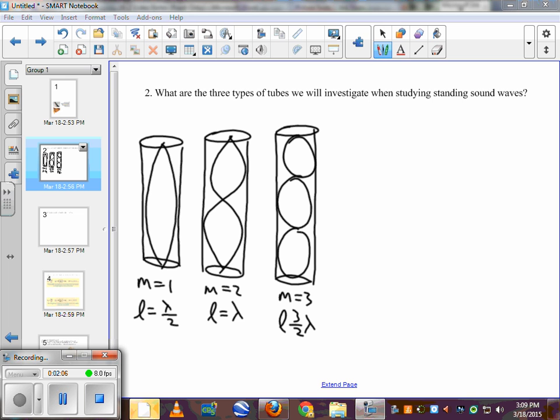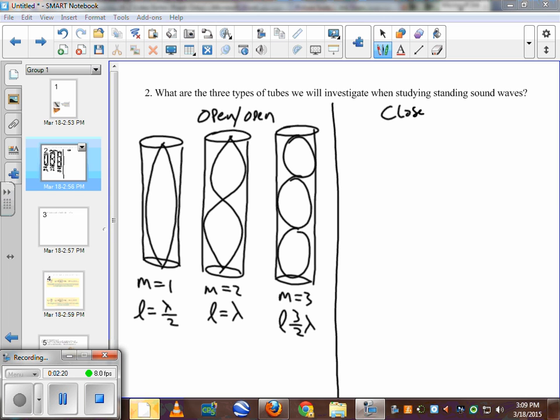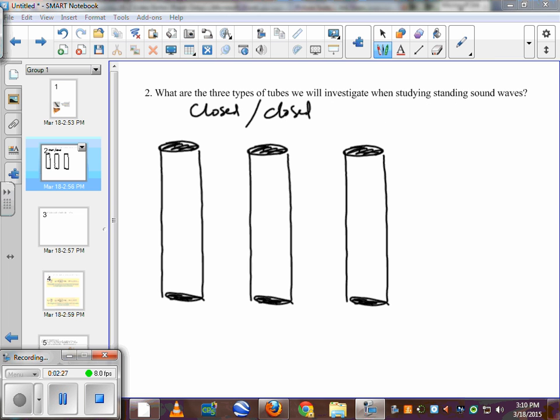The next type of tube is closed. So let me just write that this was open, and the next type of tube we're going to do is called closed. Here I have 3 tubes that we're going to use as closed, and I shaded in the ends to show that it is closed.